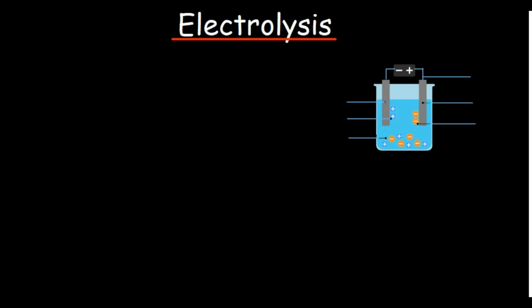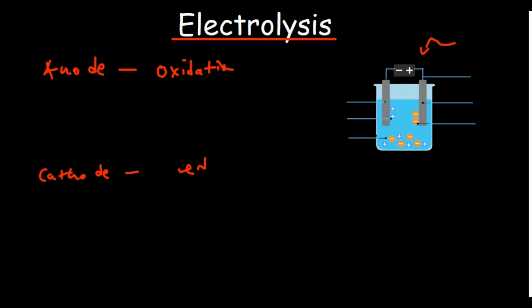What you're seeing on the right here is an example of an electrolytic cell. Just like in a galvanic cell, even here we expect that oxidation will still occur at the anode, and at the cathode we're going to have reduction.